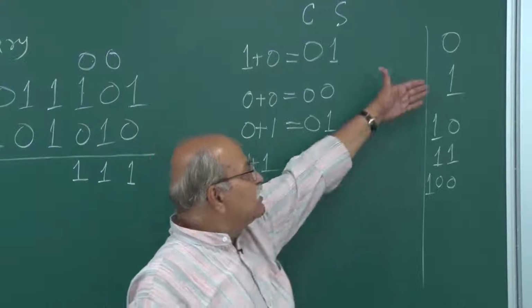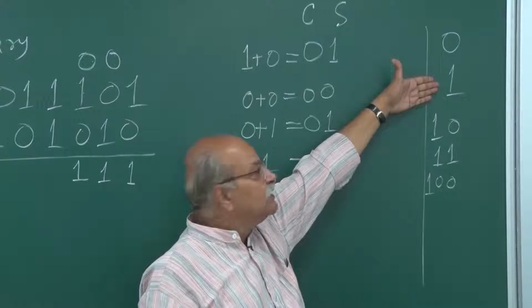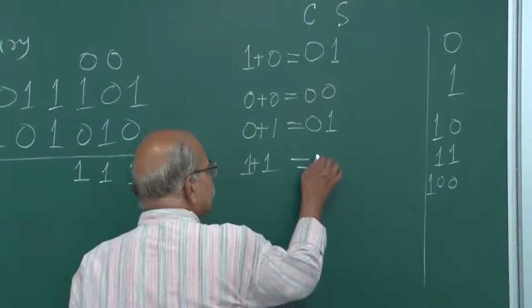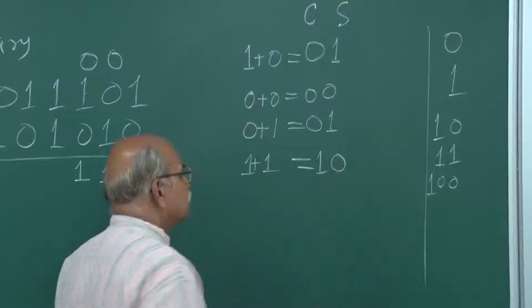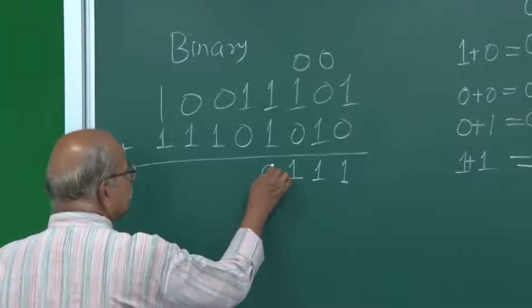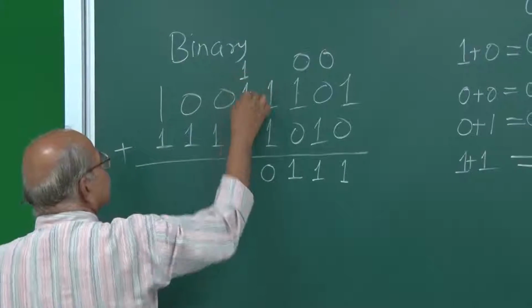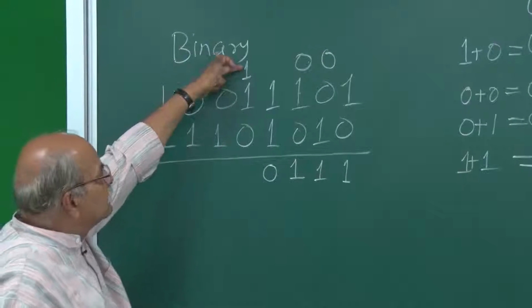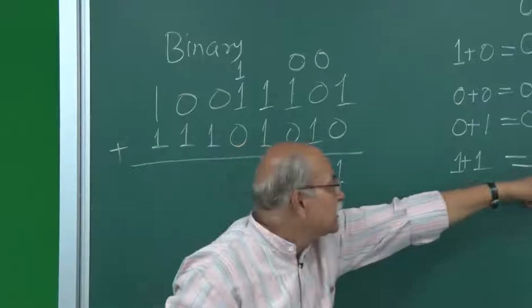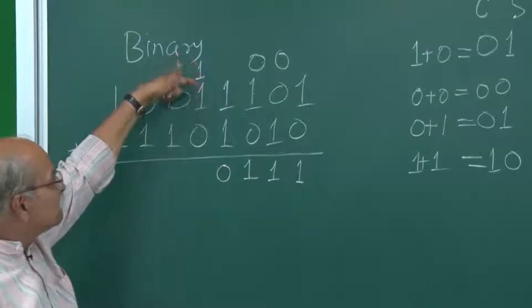So if I add 1 to this 1, I get the next consecutive number, which is 1 and 0. So that 0 is the sum and 1 is the carry. So I put the sum here and the carry here. And then 1 plus 1 is again 1 0, and 0 is the sum and 1 is the carry. So this 1 plus 1 is 0.